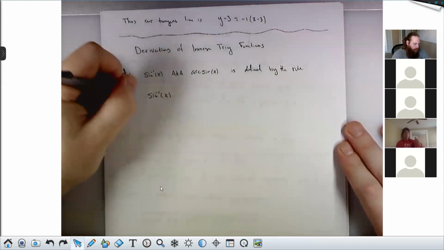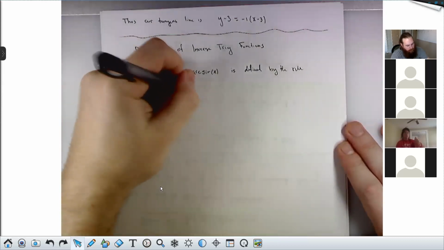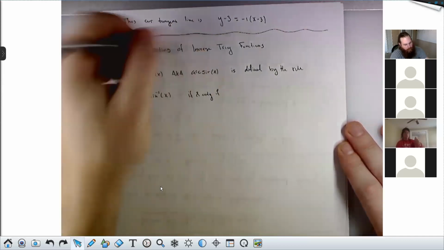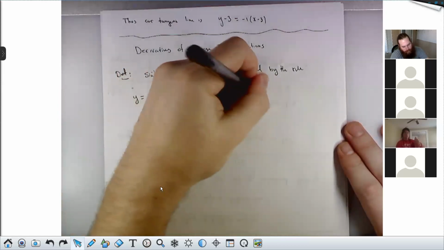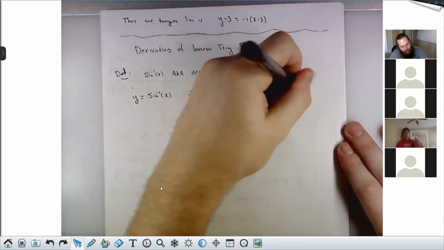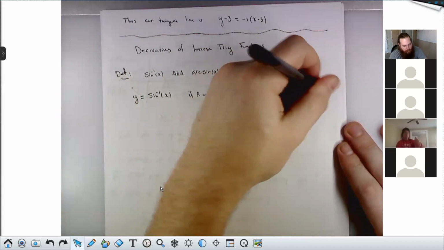So I say that y equals the inverse sine of x if and only if the sine of y equals x and negative pi over 2 is less than or equal to y is less than or equal to positive pi over 2.